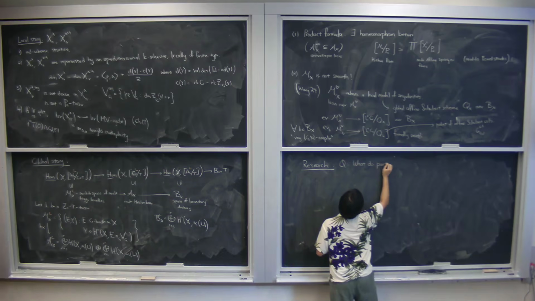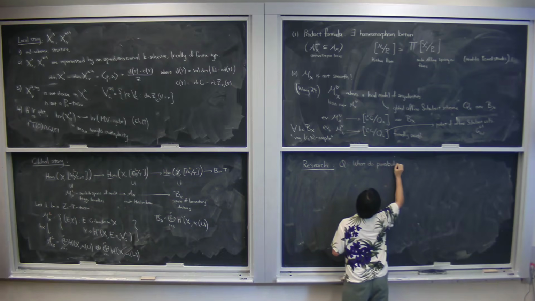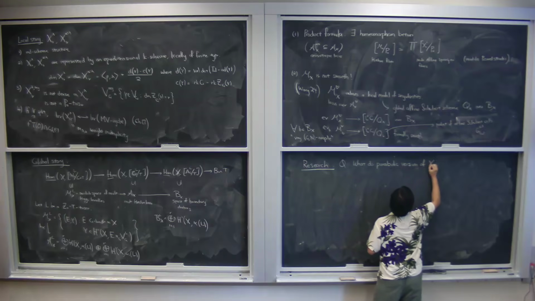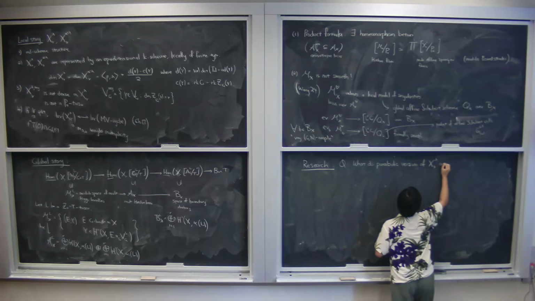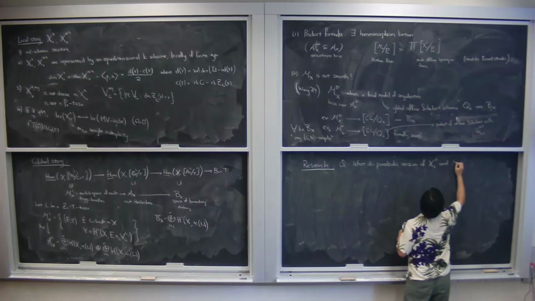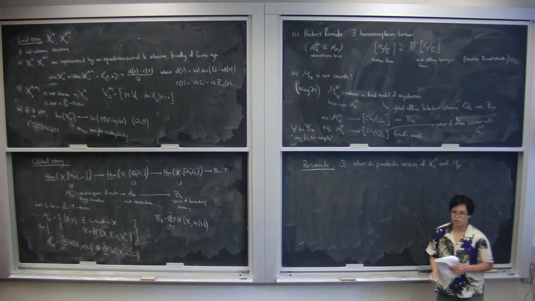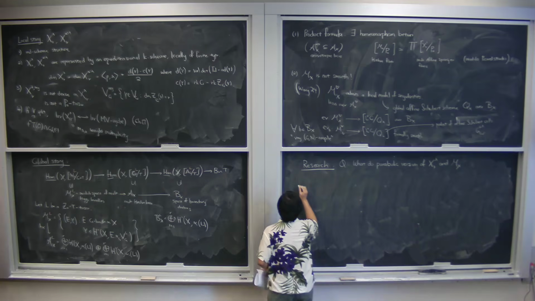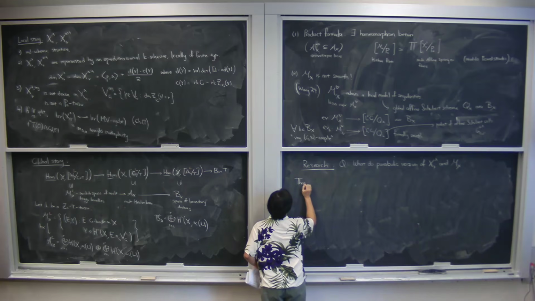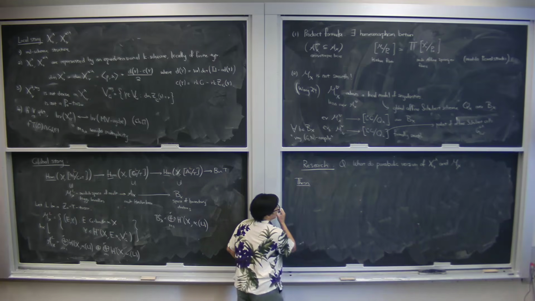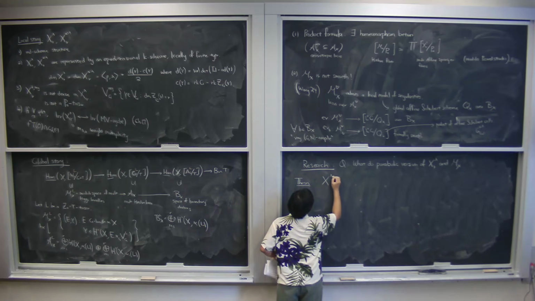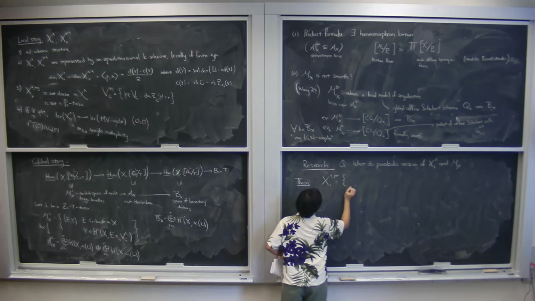What do parabolic versions of X lambda gamma and these multiplicative Higgs fibrations look like? And in my thesis, I defined this parabolic version as follows.